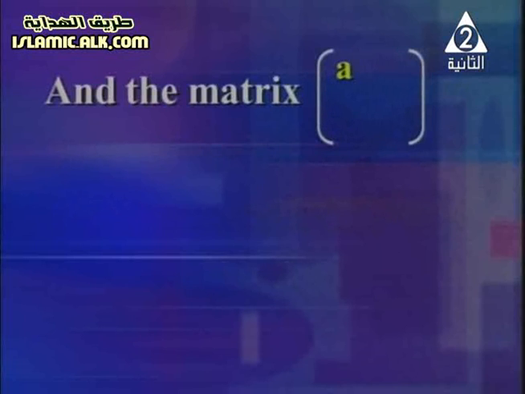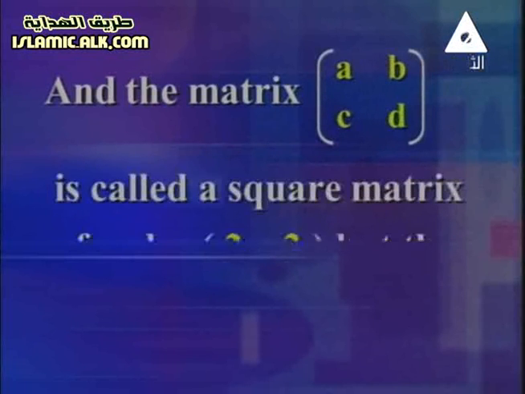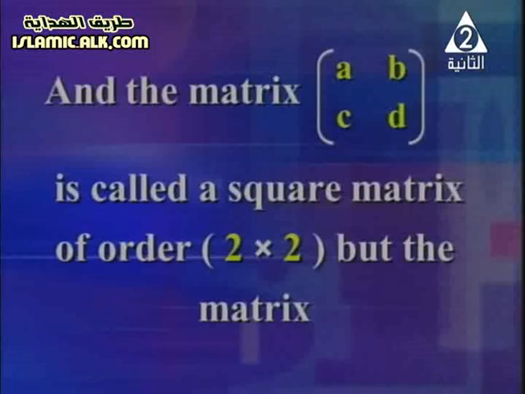And the matrix A, B, C, D is called a square matrix. Why? Because it has 2 rows and 2 columns. 2 times 2 is the order of this matrix.